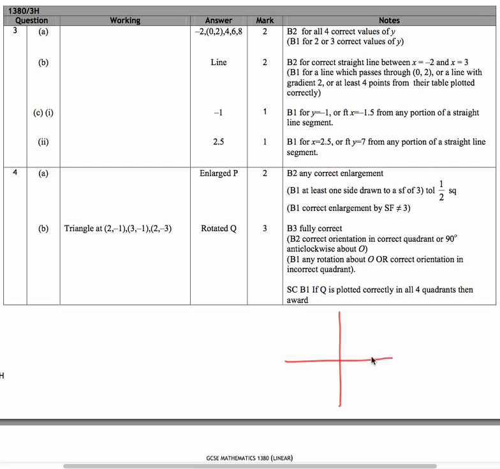Those are the 4 quadrants. This is positive X, positive Y. Our triangle was going from here, rotated down into here. So if we were in the right quadrant but the triangle that was drawn was incorrect, usually because you plotted the points badly, you'd still get 2 marks. And any kind of rotation gets you 1 mark.